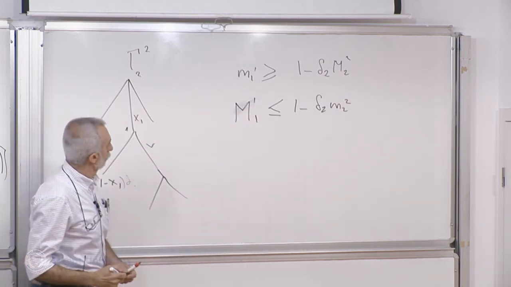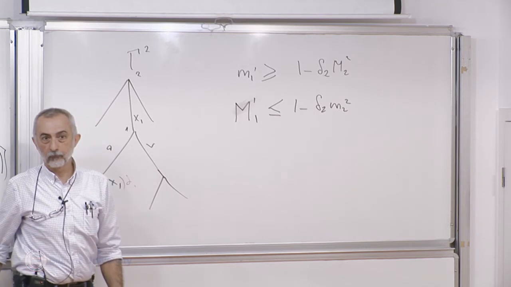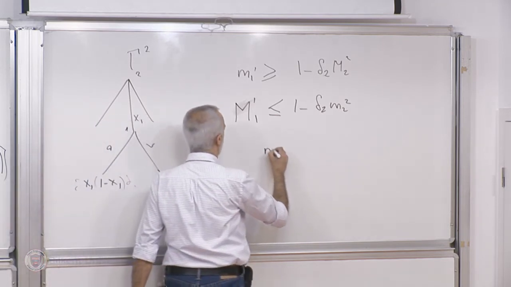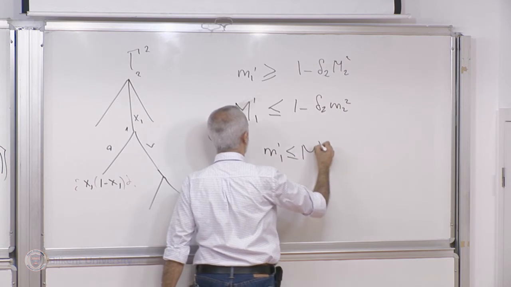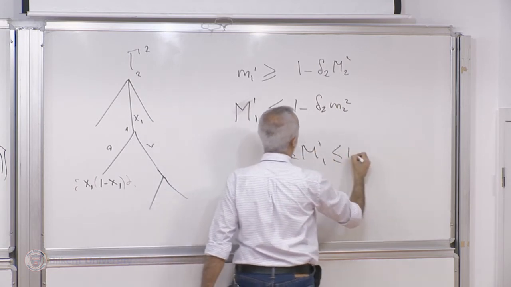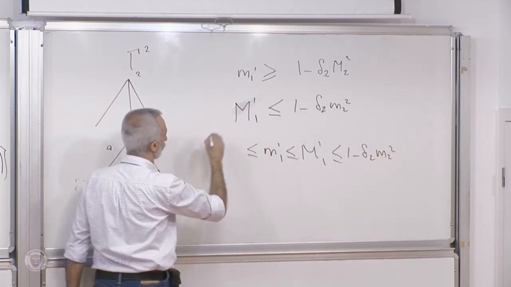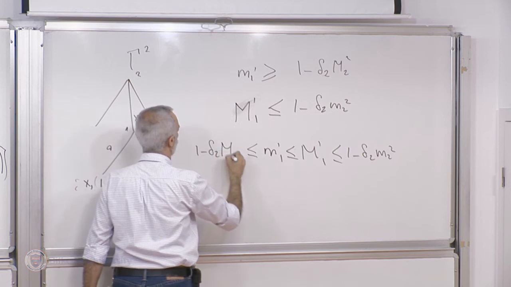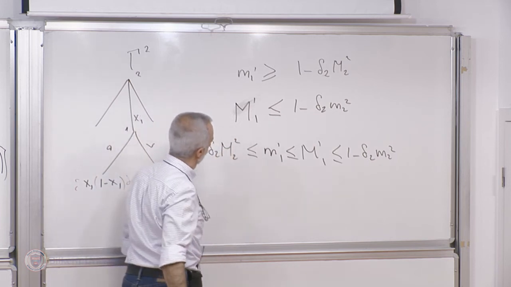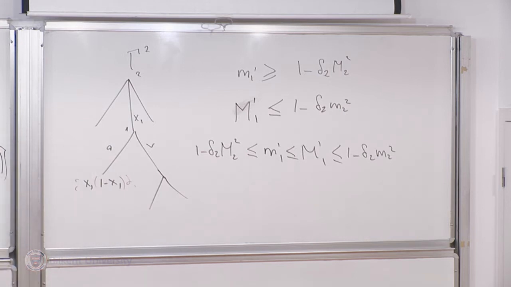Okay? So far, so good? So what we have is, well, by definition, the minimum is always less than or equal to the maximum. Okay? So far, so good? Any questions? Okay, any questions?